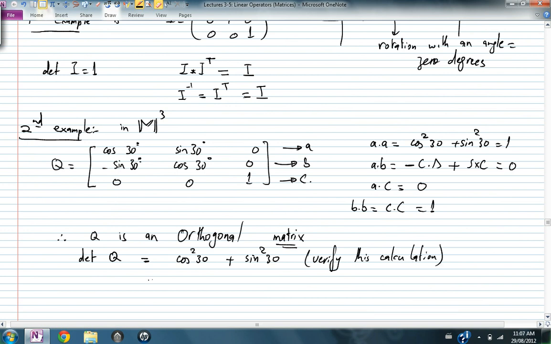You can say A dot B cross C, which is equal to C dot A cross B, or however you want to calculate the determinant. This will be equal to 1, which means Q is a rotation matrix.